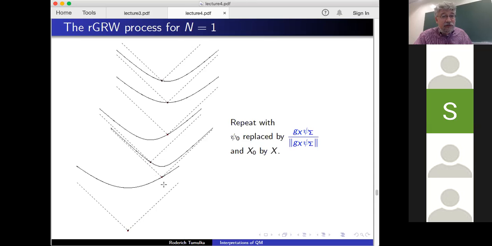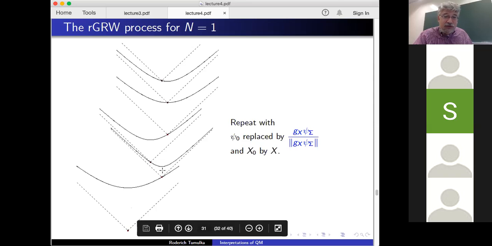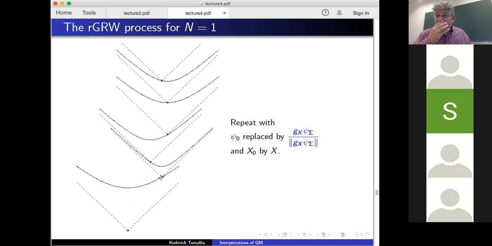Now I start from this flash. I consider the future light cone of this flash, and in there I choose a random waiting time. Now this time it's smaller than it was here, just a short waiting time. So I get a hyperboloid. That's the surface of all points in the future of this point at the same time-like distance.